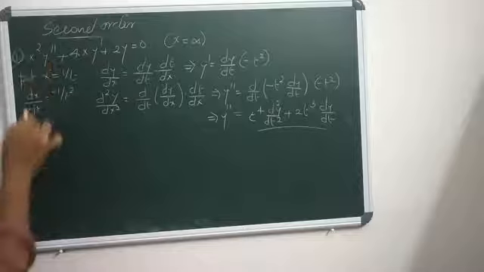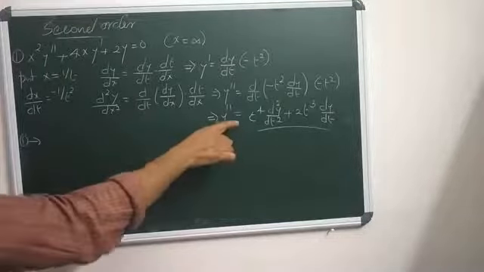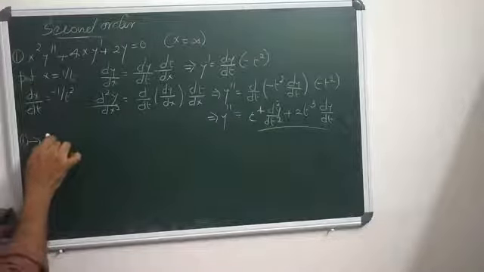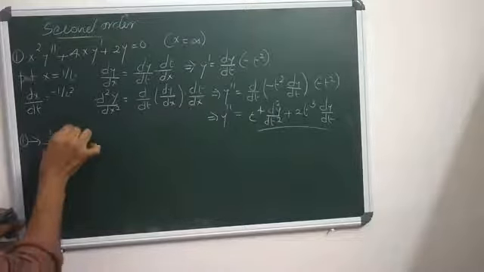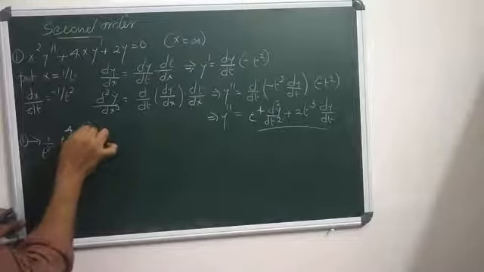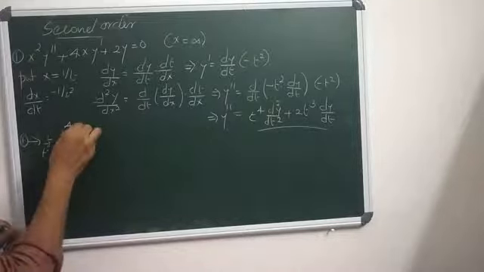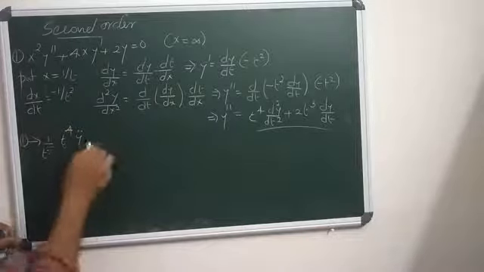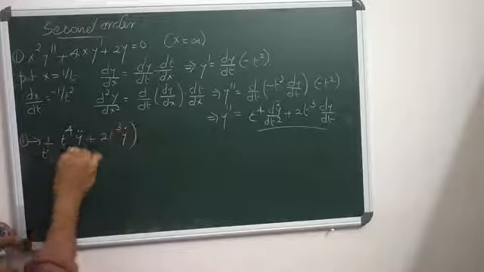Therefore, the given differential equation 1 becomes x square y2 dash. What is x square? x square is 1 by t square, into what is y2 dash? It is t power 4 d square y by dt square, maybe represent this in this way, plus 2t cube into y dash.